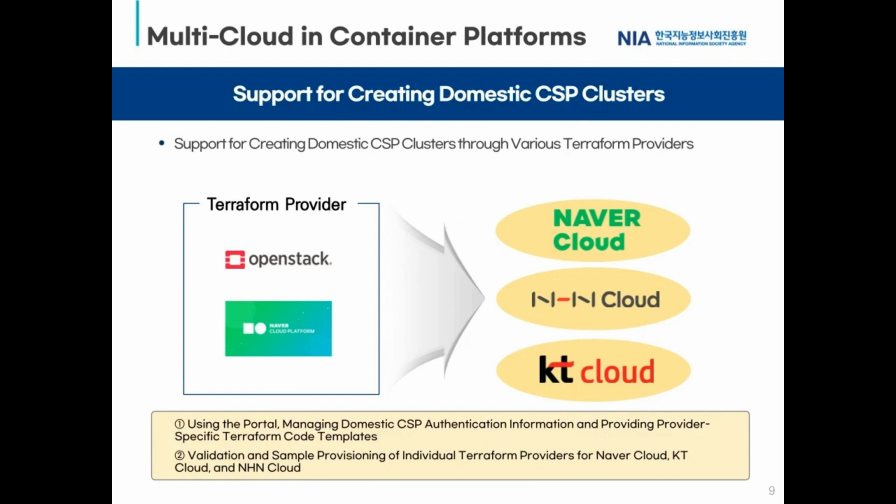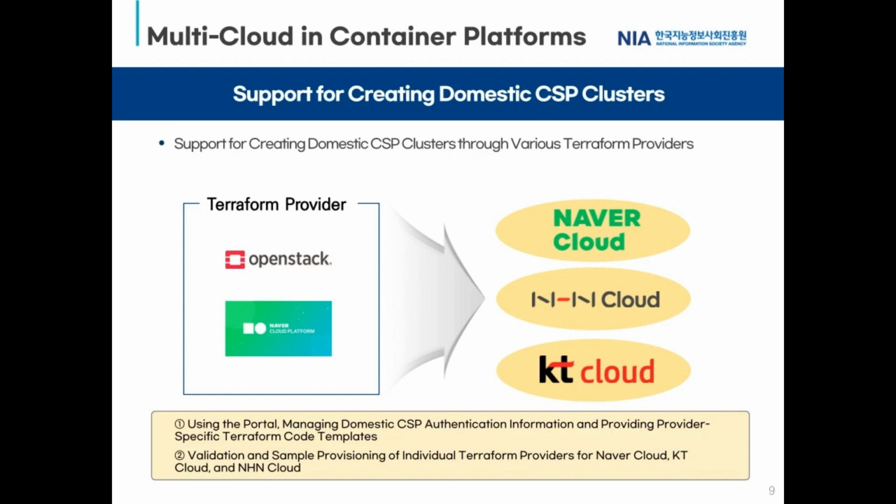Next, in terms of the infrastructure as a service aspect, that forms the foundation for effectively utilizing the previously mentioned network services, we aim to facilitate the utilization of domestic cloud service providers within the container platform by offering automated cluster provisioning features based on Terraform.